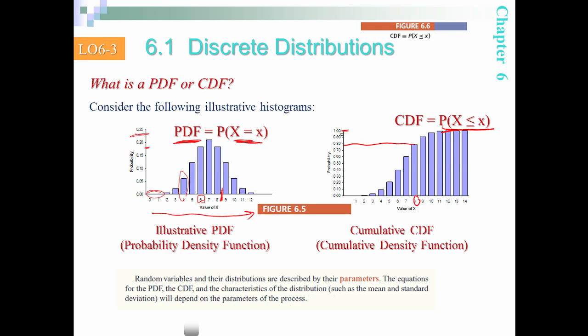So the difference here is the CDF tells us the probability that capital X is less than or equal to little x. And we've got to keep in mind that the endpoint here, the fact that we're saying less than or equal to, that's an important concept.